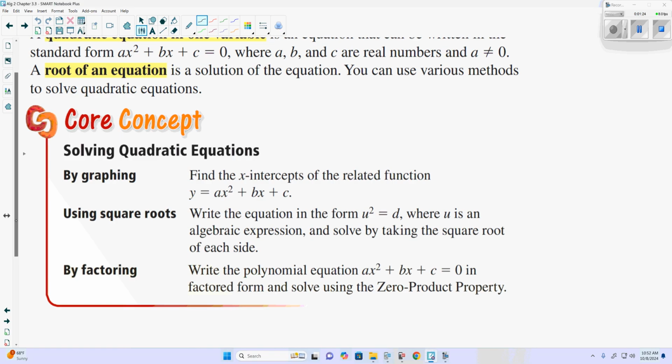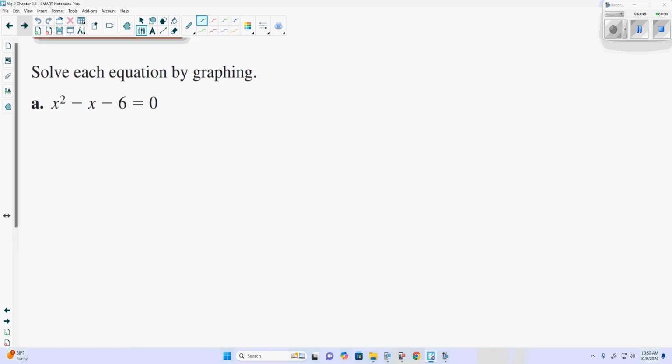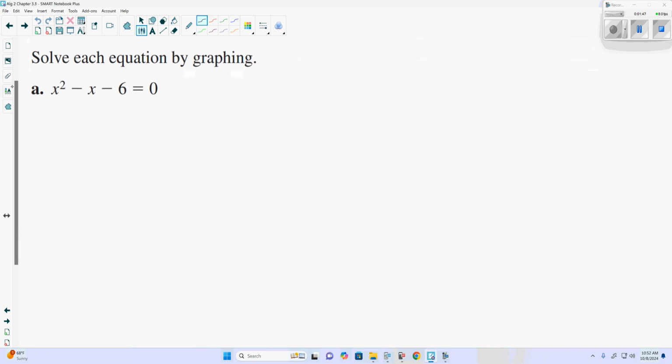We do have different ways to define or call our solutions. If we're graphing, we're looking for the x-intercepts, the zeros. If we're using the square root method or factoring, we're looking for the roots of the equation. But in any case, it's what values of x will make the function be 0.